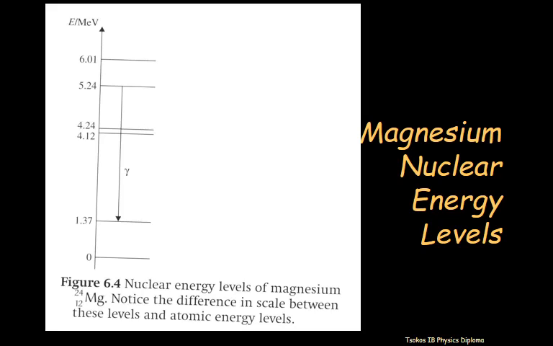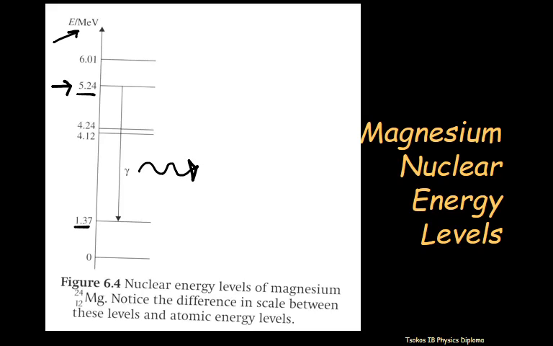All right, so let's take a look at this one here. We have magnesium nuclear energy levels, and this is a magnesium nucleus with the different energy levels here. After decay, let's say the nucleus is in an excited state. What's shown here is that it's going from an excited state of 5.24 mega electron volts, and then it shoots out a gamma ray, going from 5.24 to 1.37.